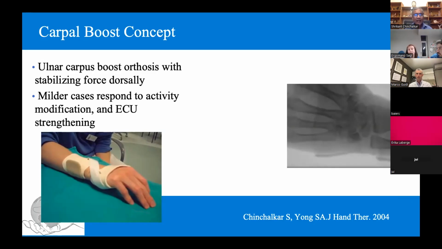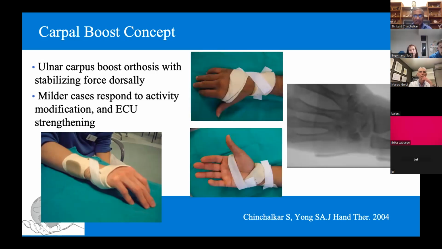So our finding has been that the ulnar carpus boost orthosis, by applying the forces dorsally, definitely reduces the ulnar sag and reorients the carpal bones in line with the distal radioulnar joint. But that's not sufficient. Patients definitely will require activity modification and ECU strengthening exercises.